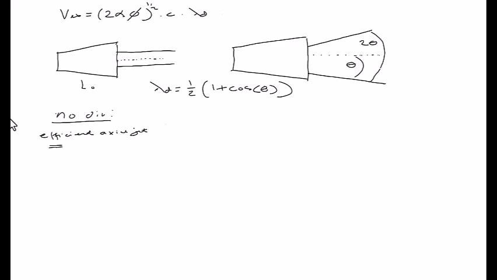And this implies a high exhaust velocity and therefore high specific impulse. So we want the beam to be as well collimated as possible. But this tends to require a longer nozzle design, which is our L0, which implies an increase in mass.